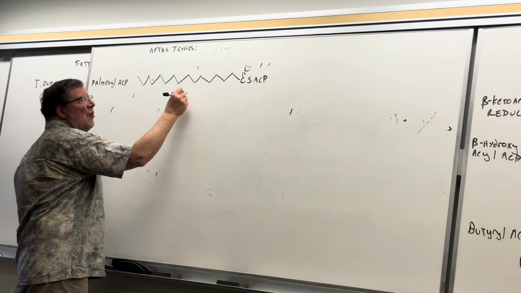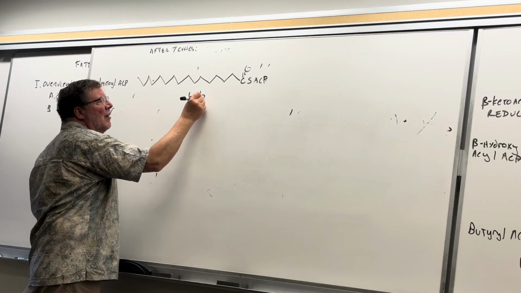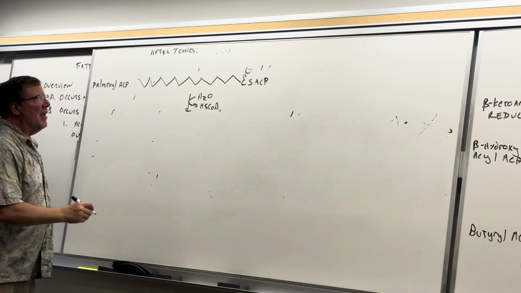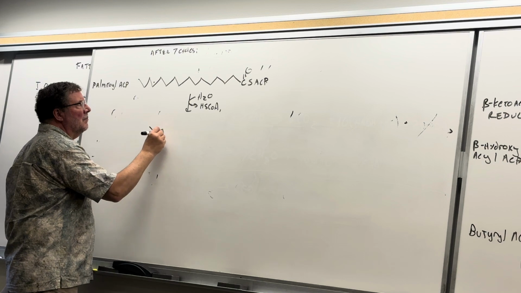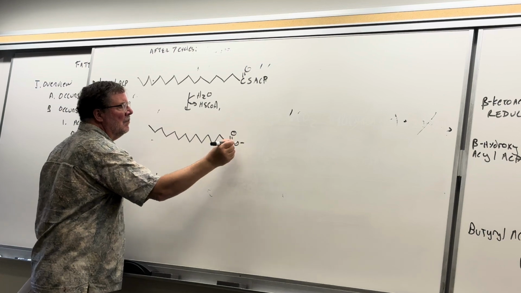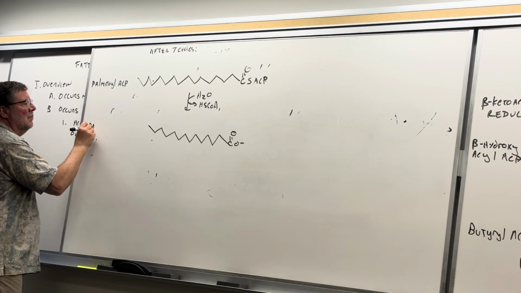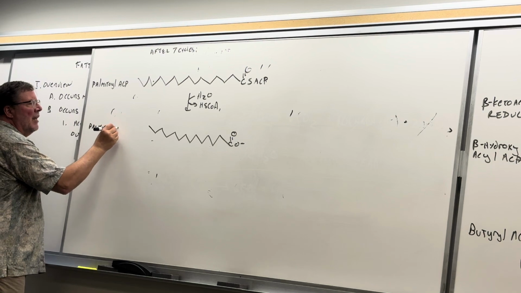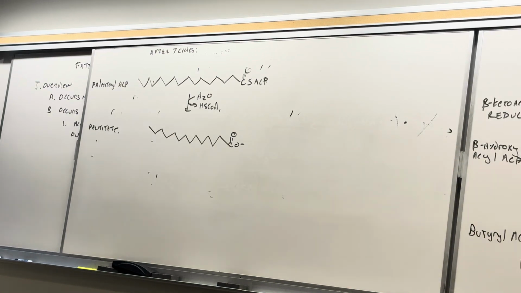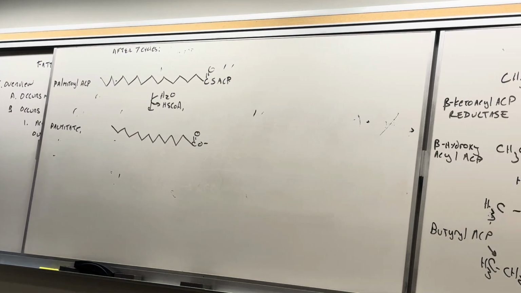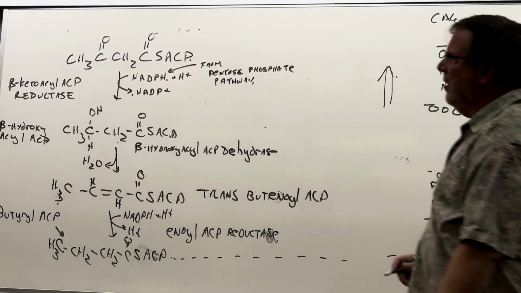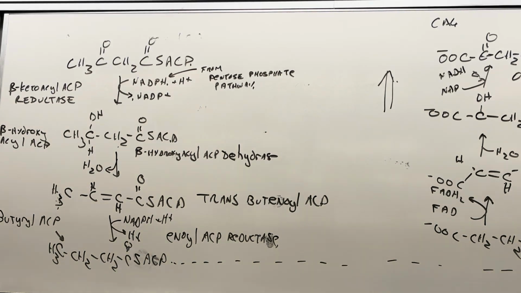And there's an enzyme known as a thioesterase, which just takes water, cleaves off the coenzyme A, and makes palmitic acid. And that's the end of the fatty acid synthesis. This enzyme is called thioesterase.